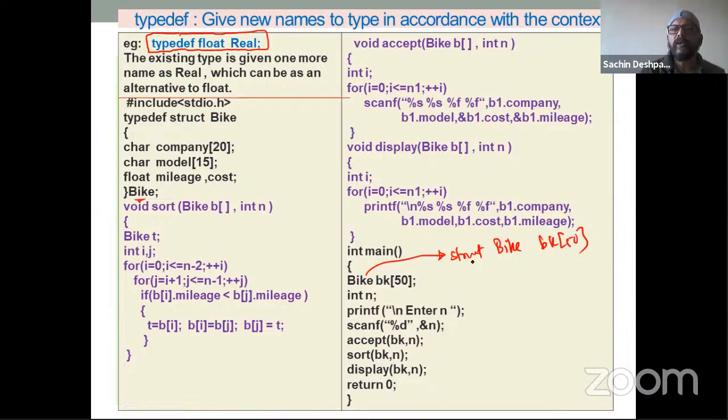You simply need to write just bike, because we have done the type definition. So it's a very useful utility in many aspects, really speaking. And then we can do it like this. So that is one benefit: give a new name to a type in accordance with the context, as I said.